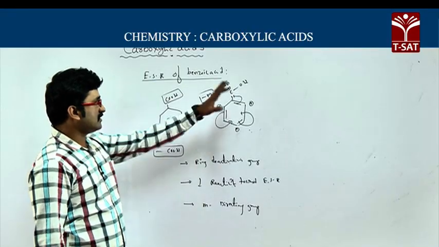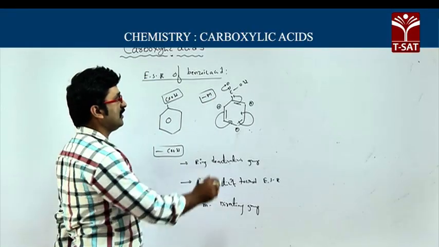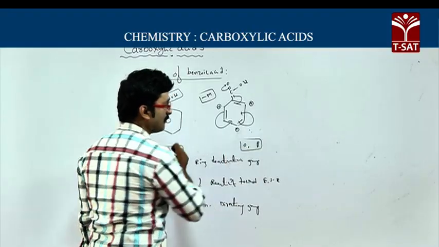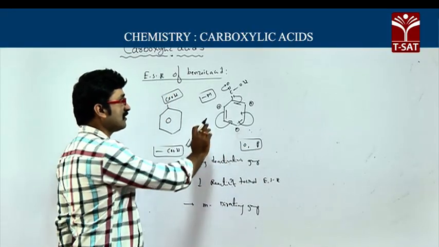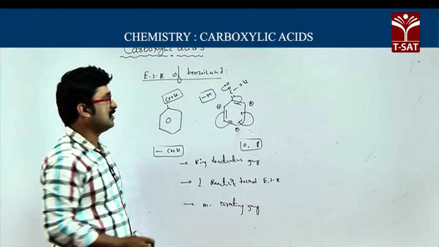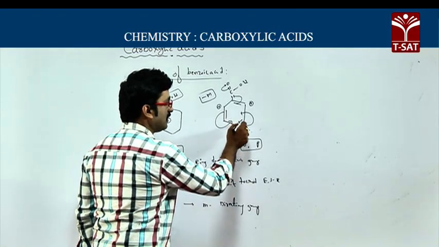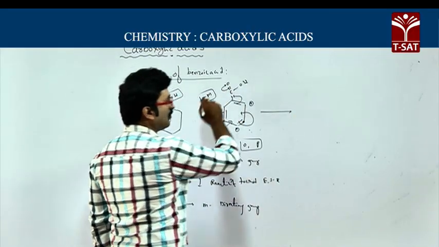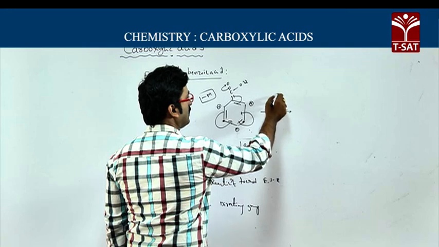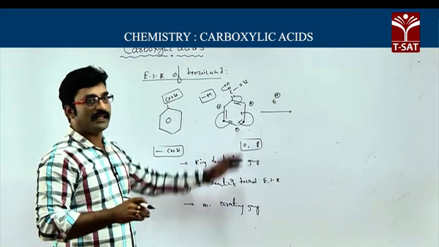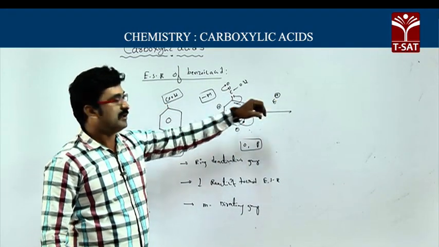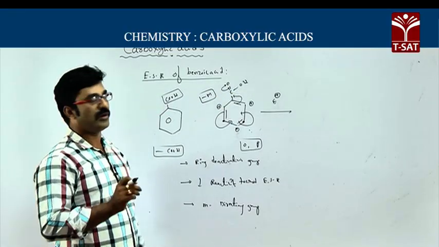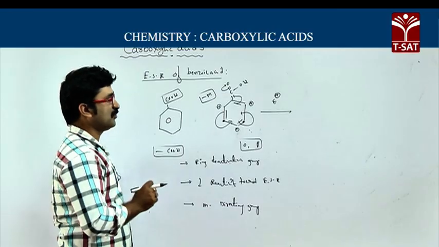It means in the resonating structures of benzoic acid, we are getting positive charge at ortho and para positions. There is no electron density at ortho and para positions. It means electron density is present at meta positions. So when it is allowed to get an electrophile on the benzene ring, it will direct the incoming electrophile to the meta position, because at the meta position the electron density is more when compared to ortho and para positions.